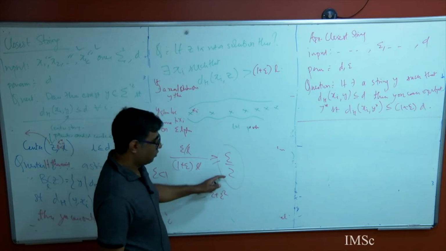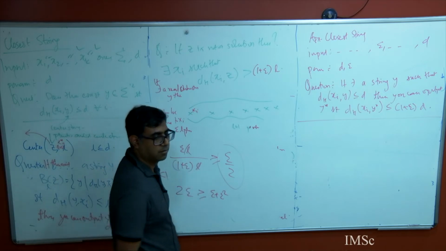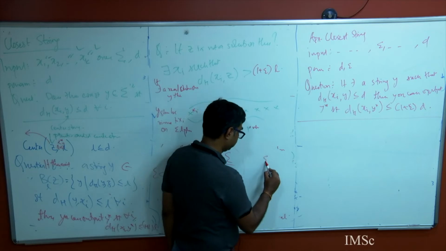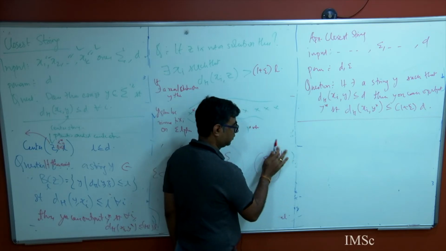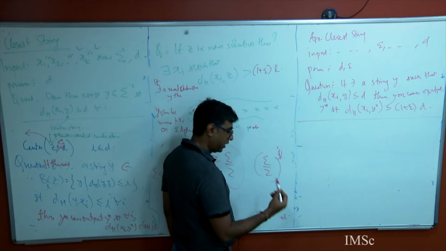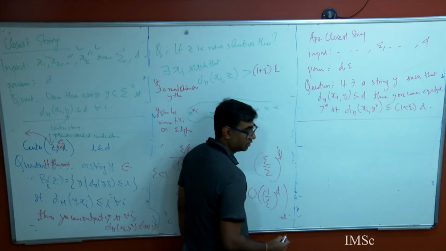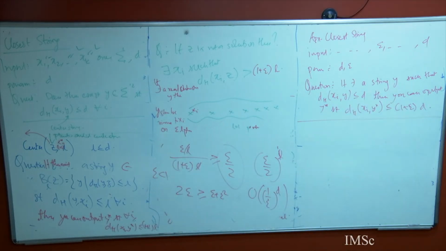So this algorithm runs in polynomial time, right? But what is the success probability? Success probability of this algorithm is to the power L, right? So the running time of this algorithm will be actually D. But I can get close to this using this algorithm.